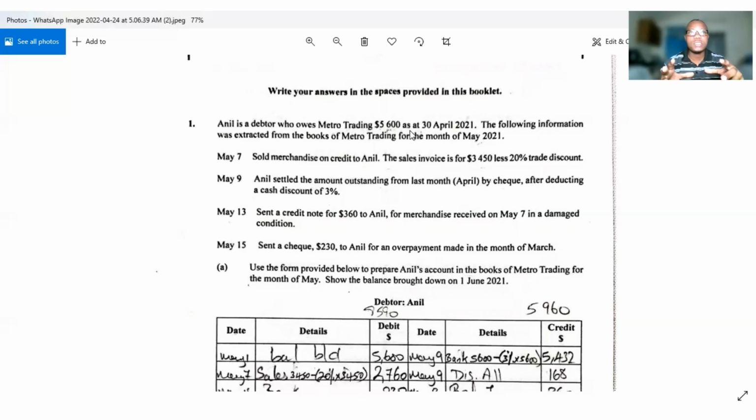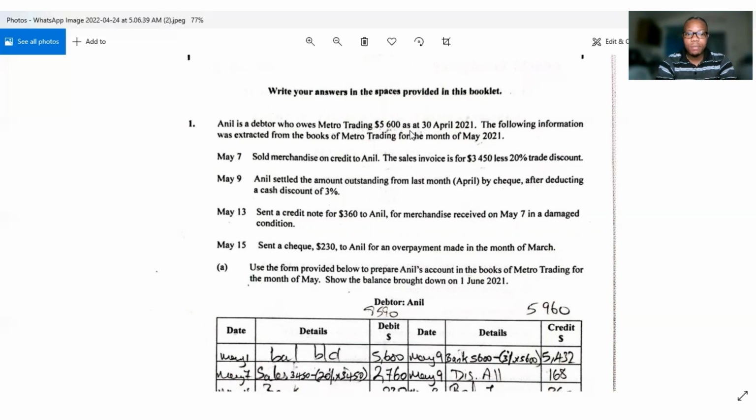So it's almost like you are the accountant for Metro Trading and you are doing up Anil's account, who is the debtor. You have to remember that a debtor's account normally carries a debit balance. To increase a debtor's account, you debit. To decrease a debtor's account, you credit. So you have to bear that in mind.